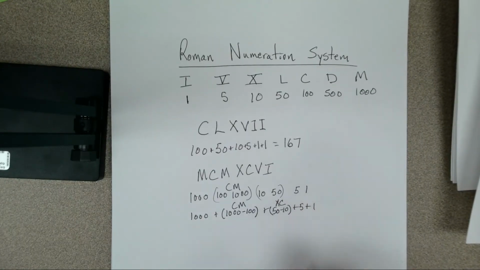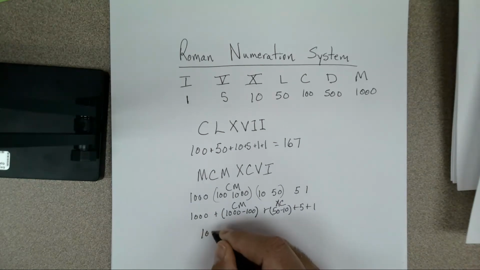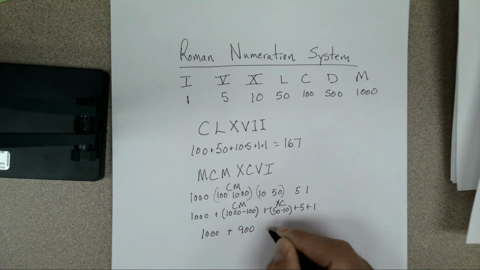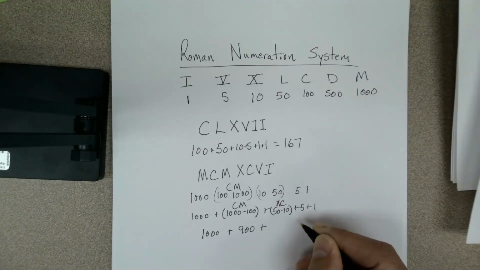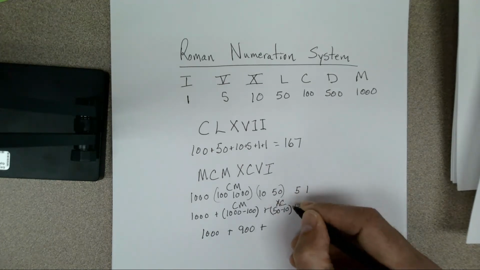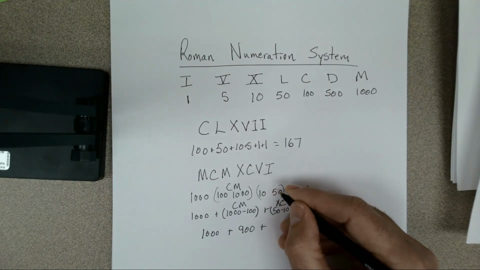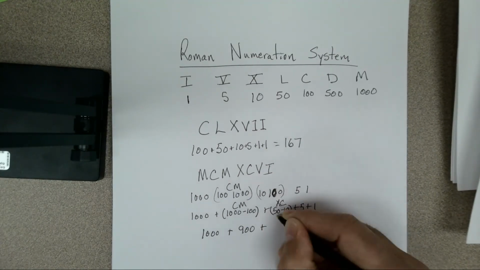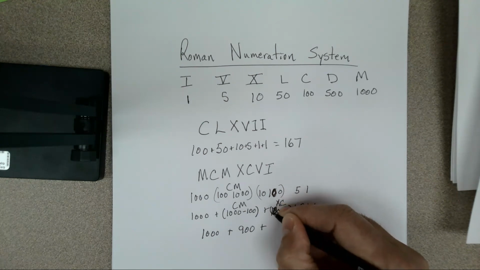And so you have 1,000 plus 900. Oh, I said C is 50, that's actually 100, that's my bad. That's 100.